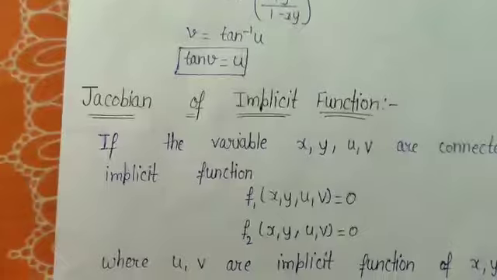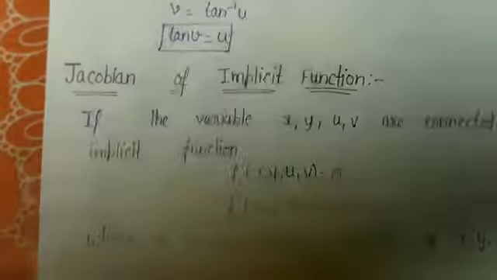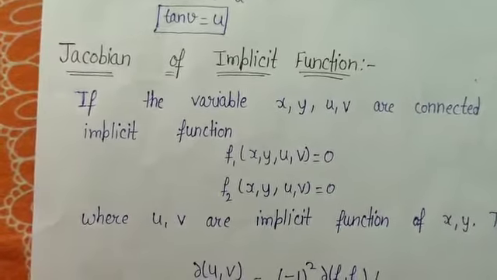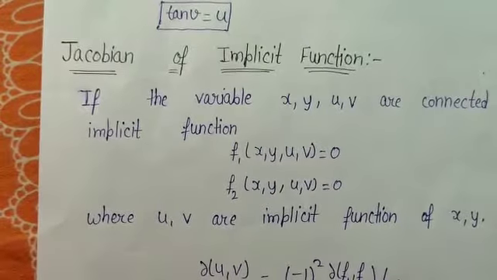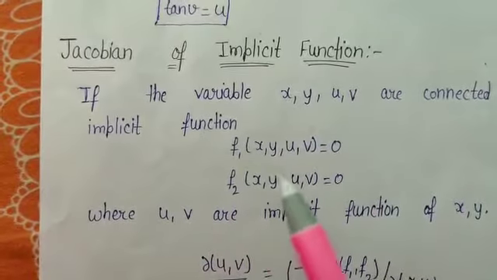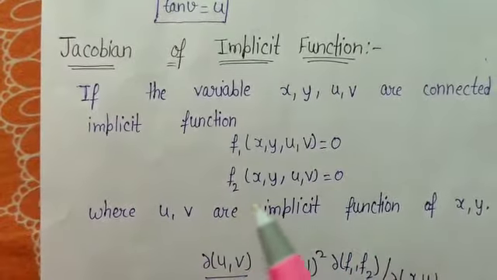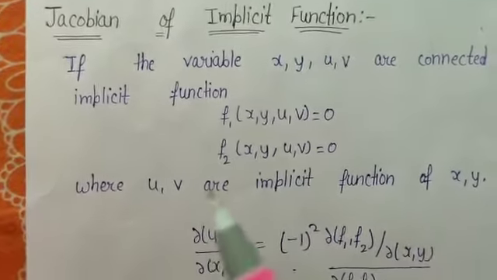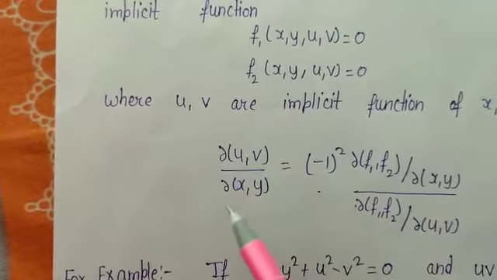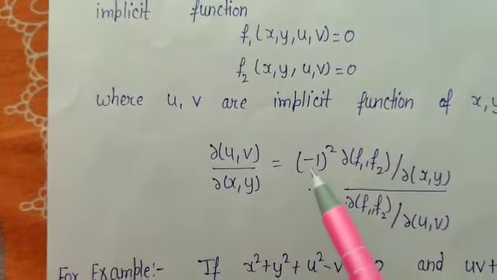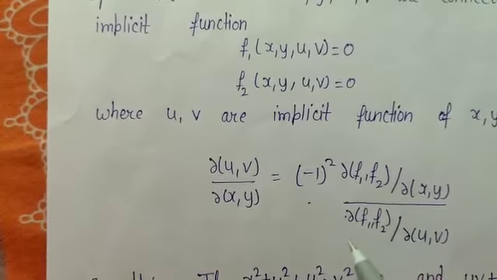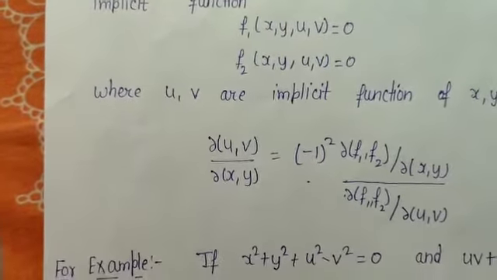Now Jacobian of implicit function. Implicit functions are those functions in which we have given a relation between two functions. If the variables x, y, u, v are connected by implicit functions f1(x, y, u, v) equal to 0, similarly f2(x, y, u, v) equal to 0, where u, v are implicit functions of x, y, then the Jacobian of u, v with respect to x, y is given by minus 1 square times Jacobian of f1, f2 with respect to x, y divided by Jacobian of f1, f2 with respect to u, v.